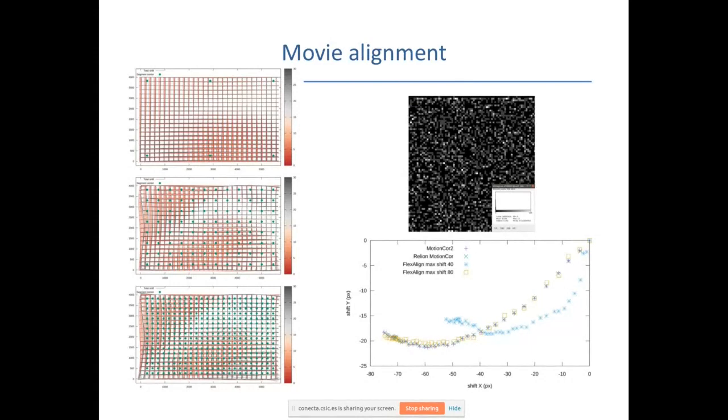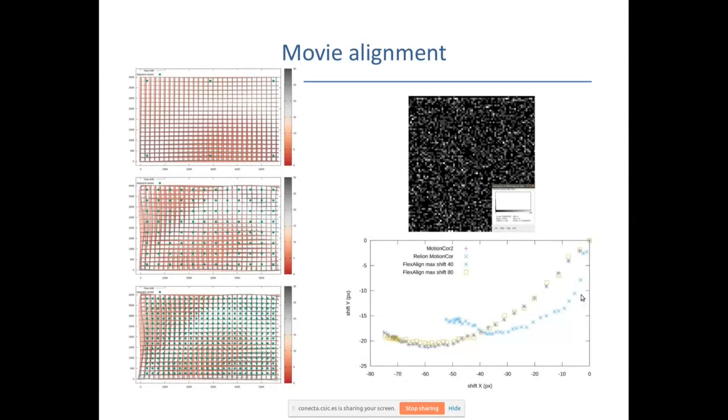For that, one of the regularizations that most algorithms have is to limit the maximum shift that they can find. If you expect only local shifts, then you can have a particular trajectory. Here you can see the change in the estimated trajectory if you move the maximum shift from 40 to 80.